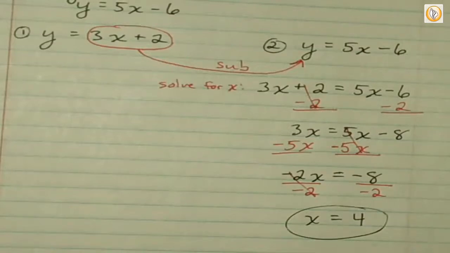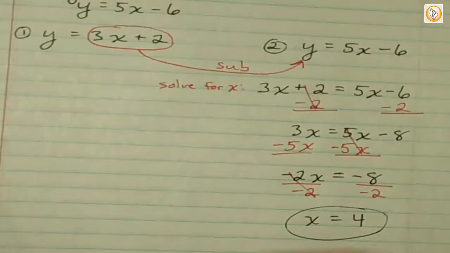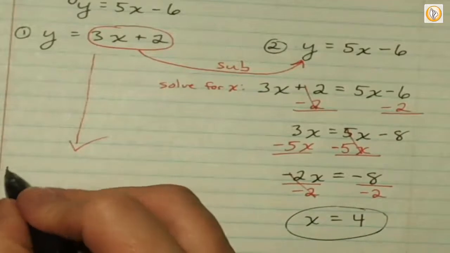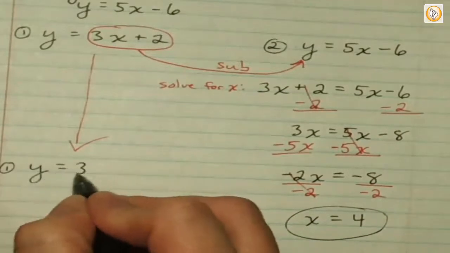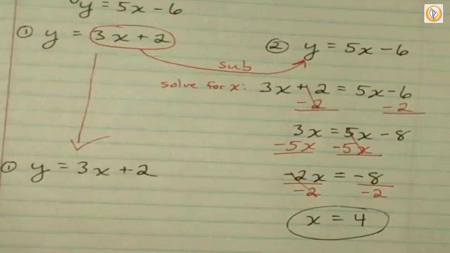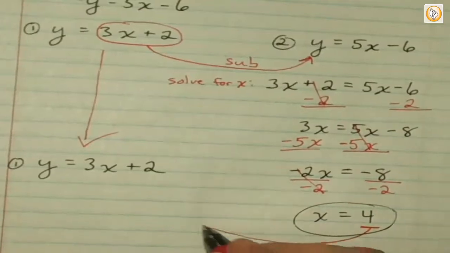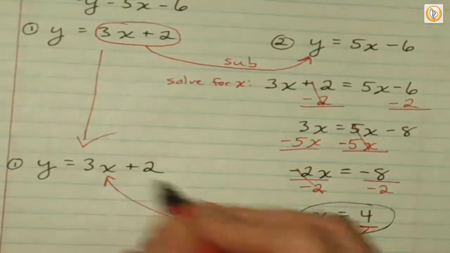All right, so now I'm going to bring down my first equation just because it's a mess up there. Y equals 3x plus 2. And I'm substituting this 4 into that x.